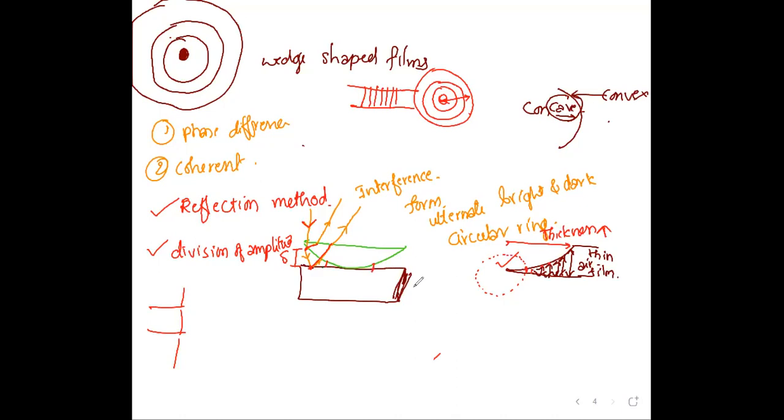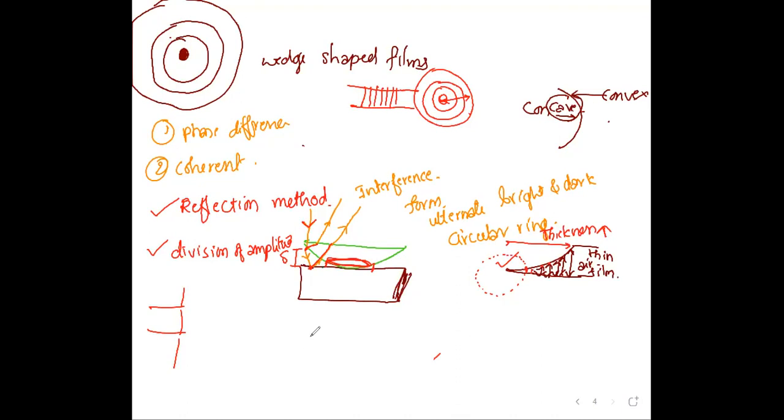In this circle the thickness remains the same, so the path difference also remains the same. Depending on that, we will get a bright ring or a dark ring.